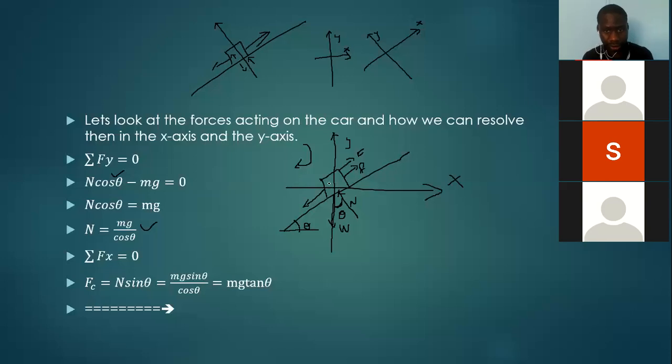This is our x-axis, mind you. Our x-axis is like that. So what do we have in the x-axis? We have our normal force. Since we have it at an angle, it will also have some component in the x-axis, and some component in the y-axis, as we saw here.